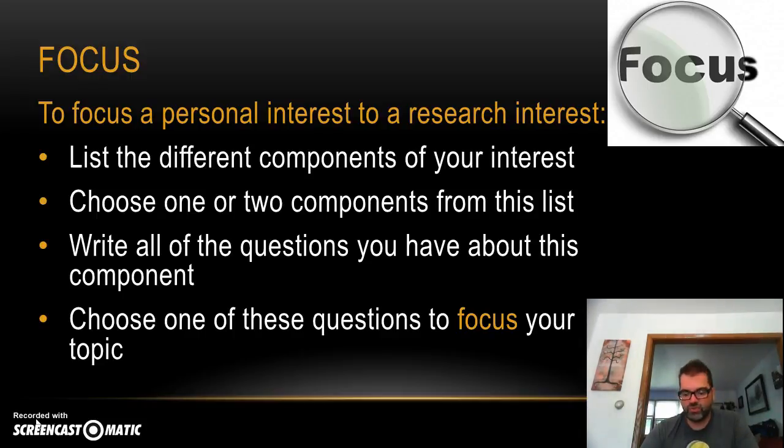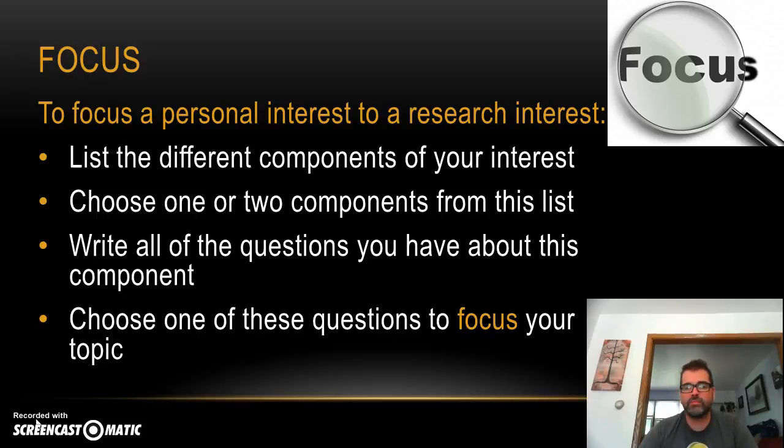Then I need to choose a component from this list. So I'm going to choose career path. I want to know more about the career path of adolescents who age out of the foster care system. All of those others on the list are definitely interesting, but for this purpose, I want to choose a career path. So then I want to write out all of the questions I have about this career path. How many go to college?